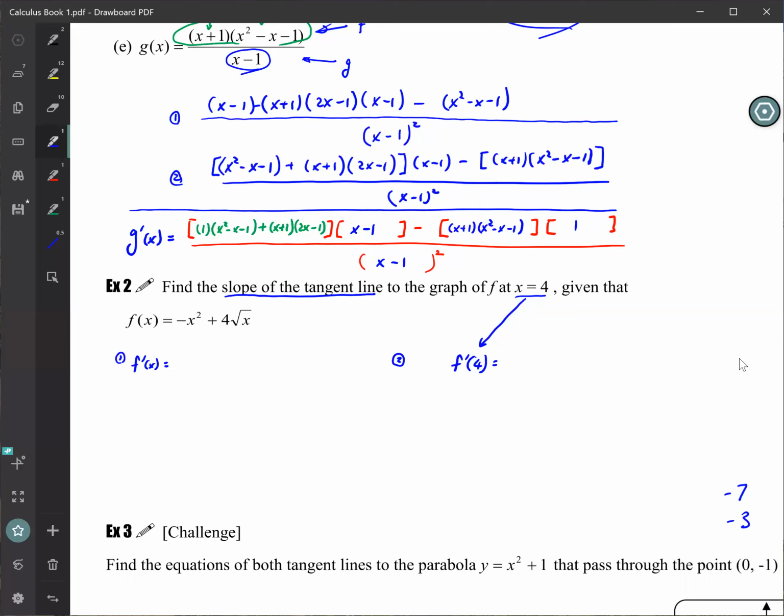I also got -3, but I want to double check my work. Okay, Jeffy? -4. Okay, Emily? I have -7, I think. Okay. About even, eh? Okay, so probably some common mistake happening here. Lex?